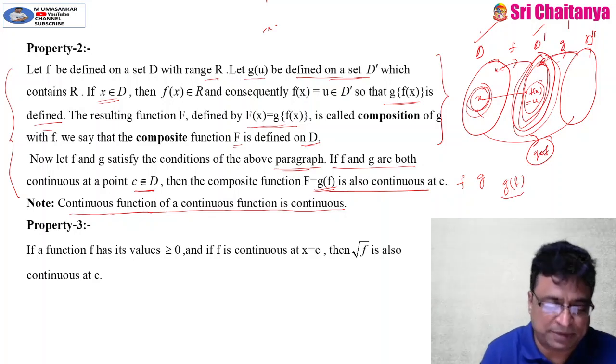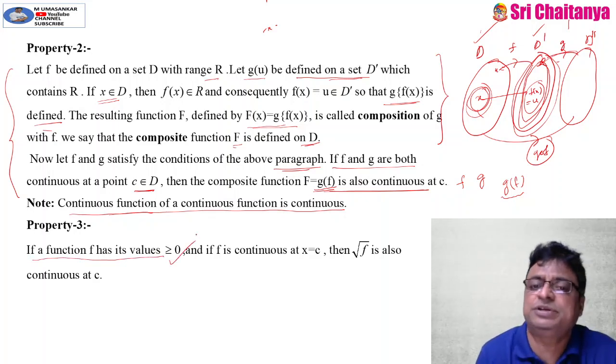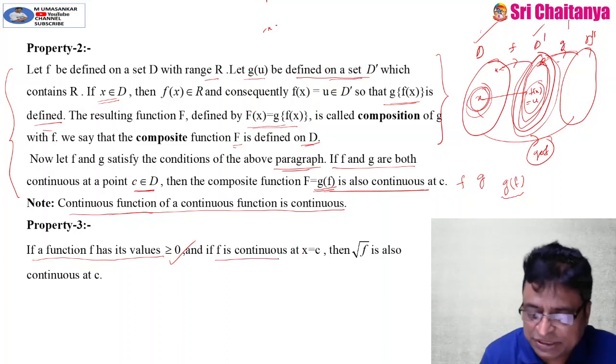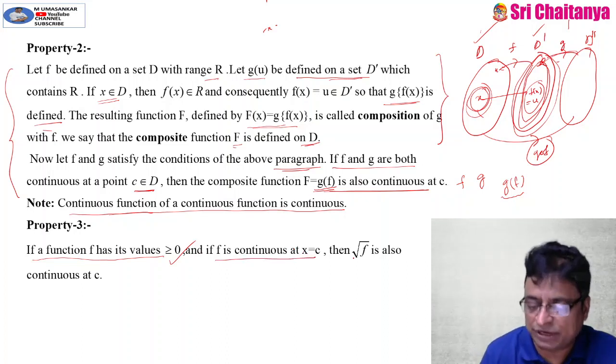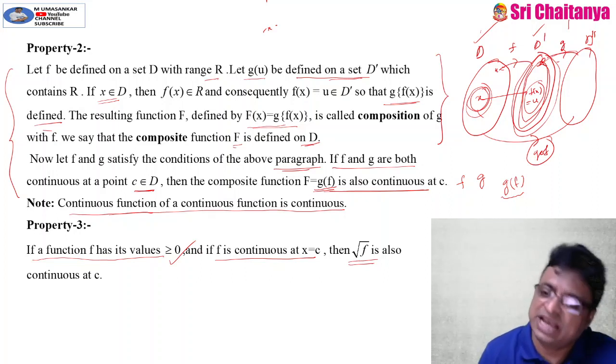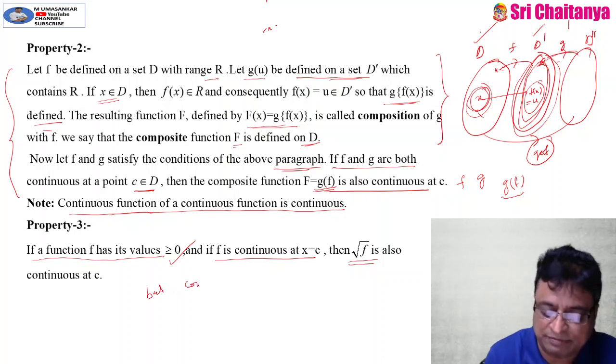Next important property: if a function f has its values greater than or equal to 0, that means if f is continuous at x equal to c, then root f is also continuous at x equal to c, but the converse need not be true.